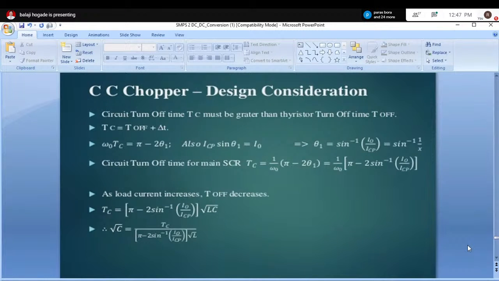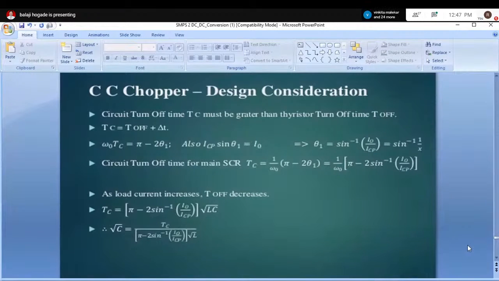Then the circuit turn off time TC must be greater than the thyristor turn off time T off. This also came in the online MCQ test that was held the day before yesterday. So you have to remember this condition that the circuit turn off time must always be greater than the SCR turn off time for the reliable turn off of the SCR.